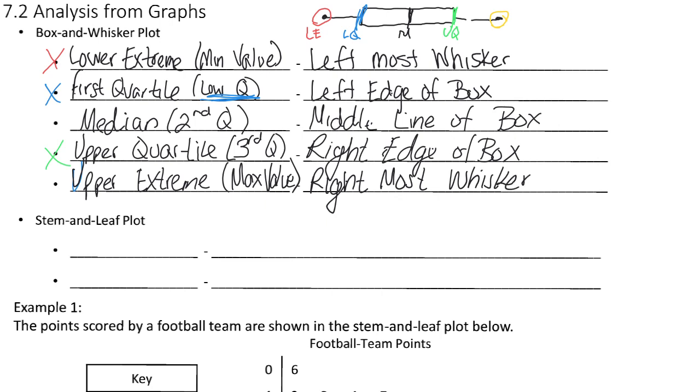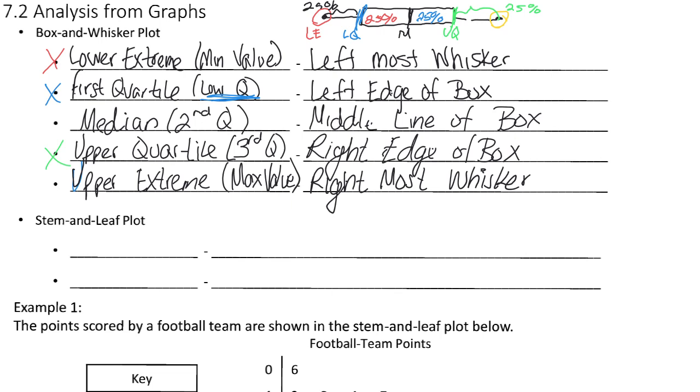What I want to point out that we maybe glossed over is that each section is worth 25%. So each section of this data, from here to here, that's worth 25%. Each box is worth 25%, and this last portion is also worth 25%.